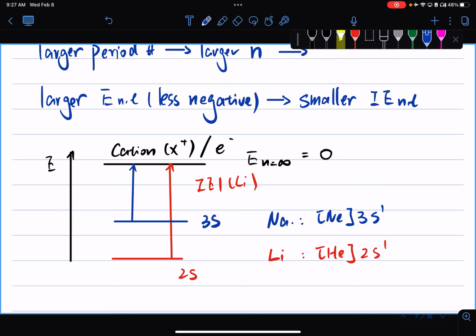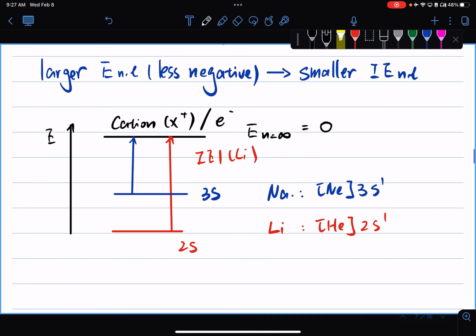So you can actually do the calculation and get the number for these lines. And what we're having here is that the ionization energy of lithium is going to be larger than the first ionization energy of sodium.